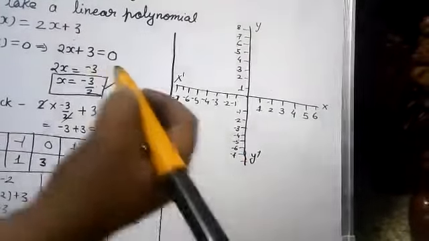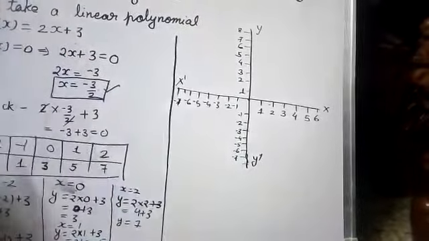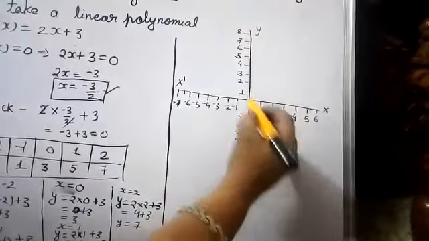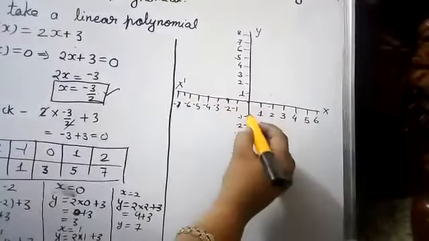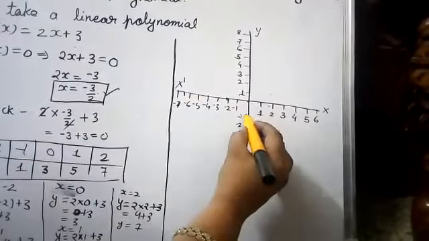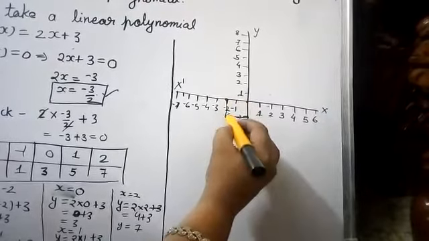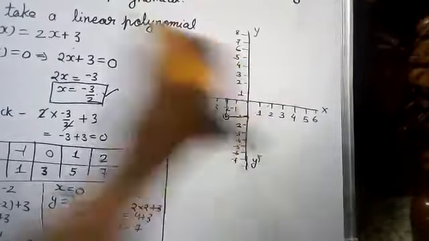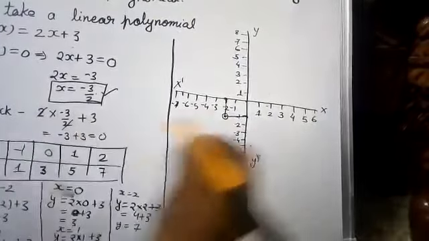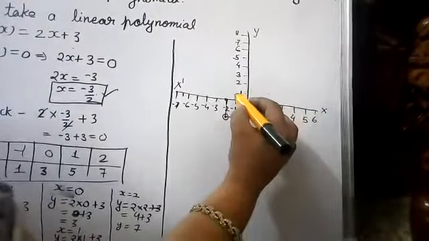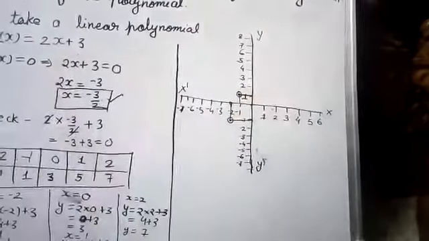Now let us plot our graph. For x is equal to minus 2, we are getting y is equal to minus 1. For x is equal to minus 1, we are getting y is equal to 1.